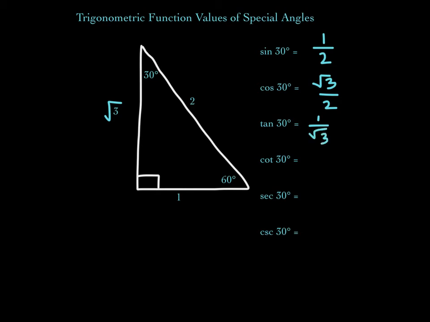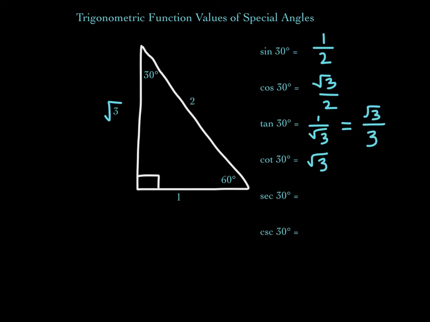We should rationalize this by multiplying the numerator and denominator by root 3. That will give us root 3 over 3. Cotangent of 30 degrees, cotangent will be adjacent over opposite, root 3 over 1, which is just root 3.